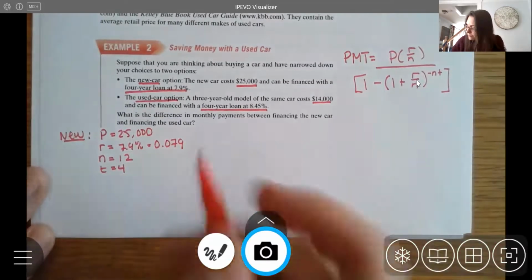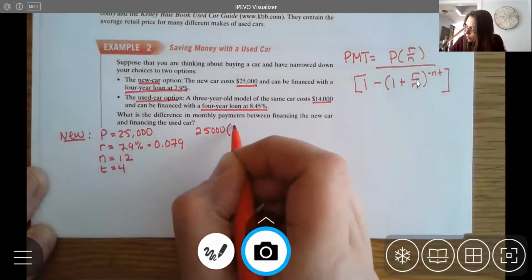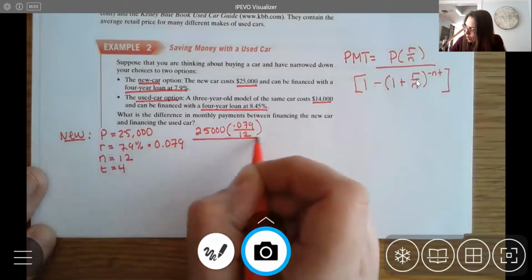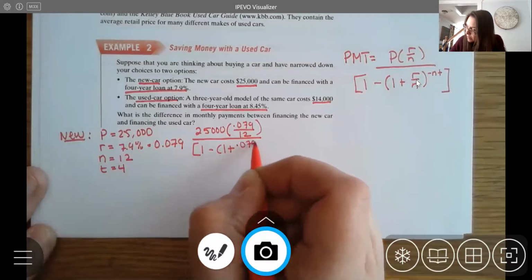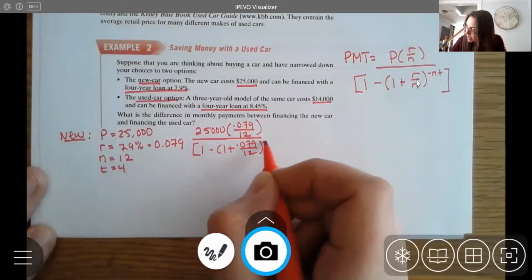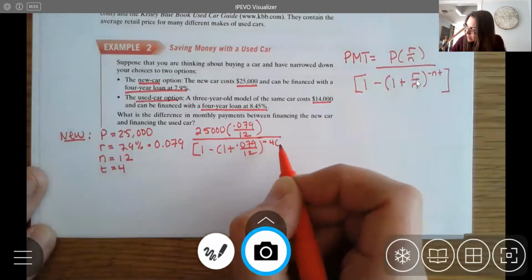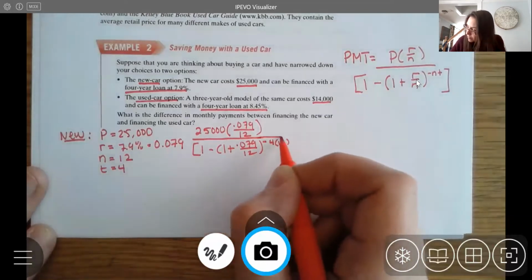I have 25,000 times 0.079 over 12, and that's all over 1 minus 1 plus 0.079 over 12 to the negative, let's see, N is 4 and T is 4. I have it backwards here, N is 12 and T is 4.